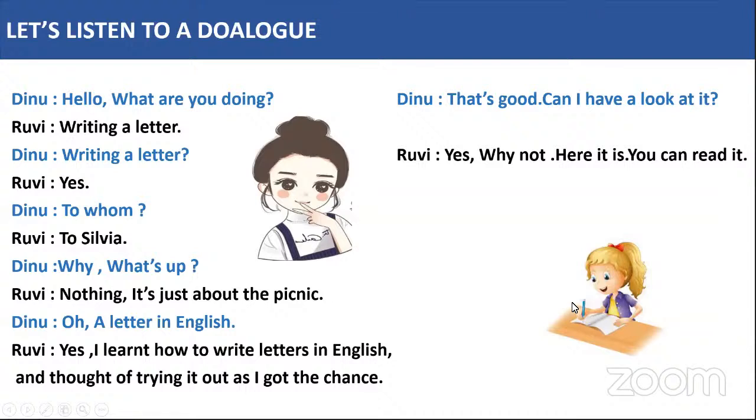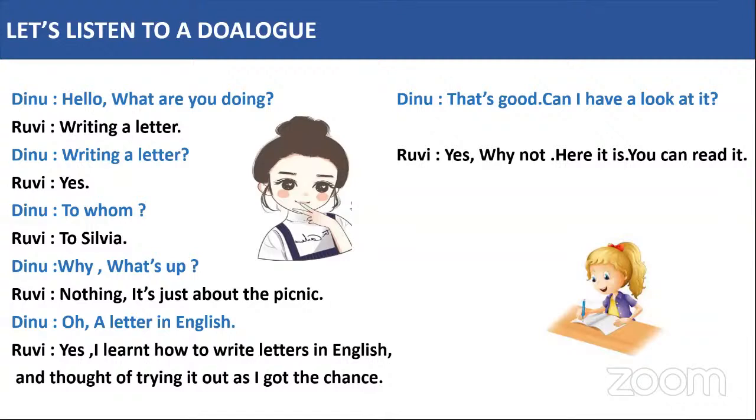She is writing a letter to Sylvia. What is the purpose? Why is she writing this letter? It is about the picnic. She is writing to her about the picnic.